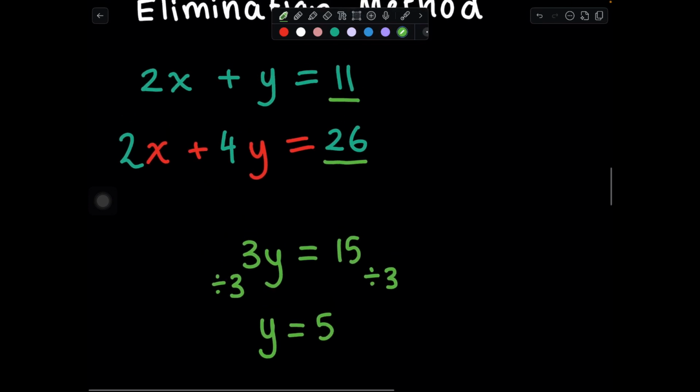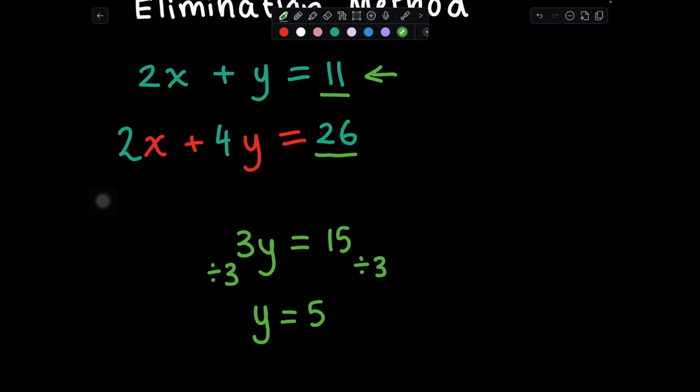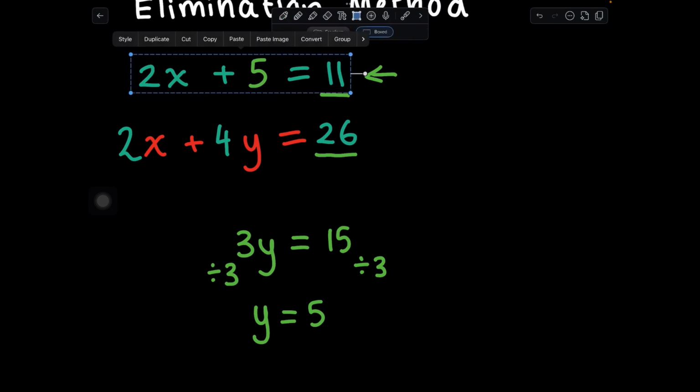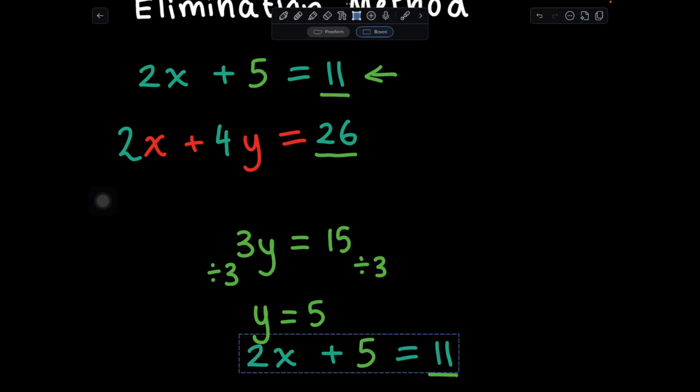Now what you can do to work out what x is, replace the y back into one of the original equations. You can pick any of them, but I like to pick the one with the smallest numbers. So I'm going to pick this one here and replace y equals 5 into there. So when I do that, you can see how I replace this y with a 5, and I'll just move this down so we can solve it down here.